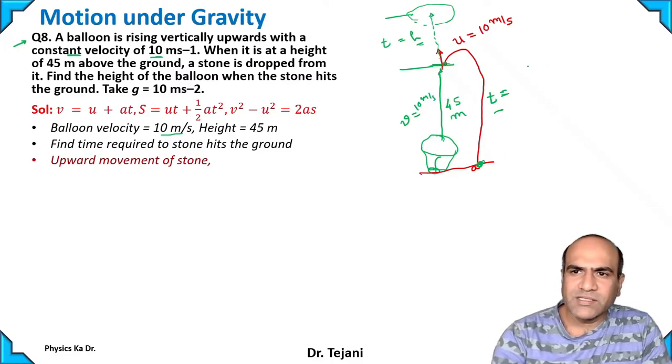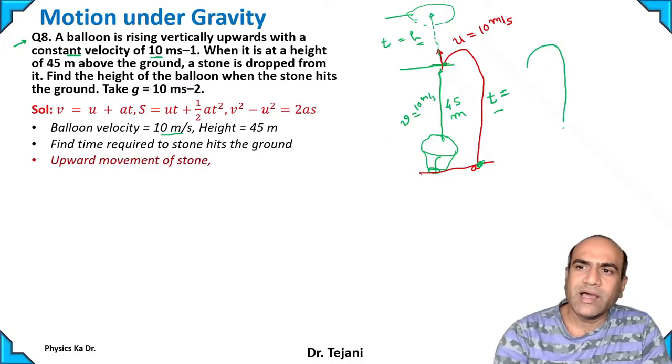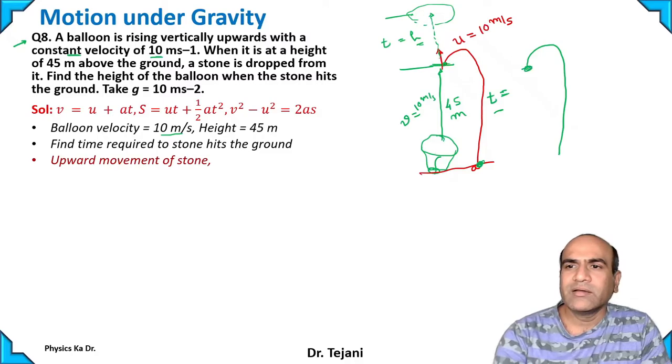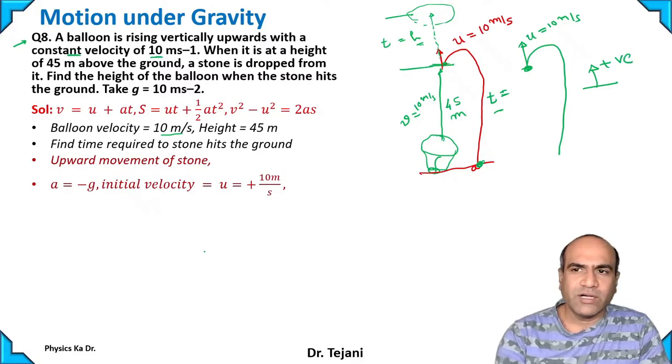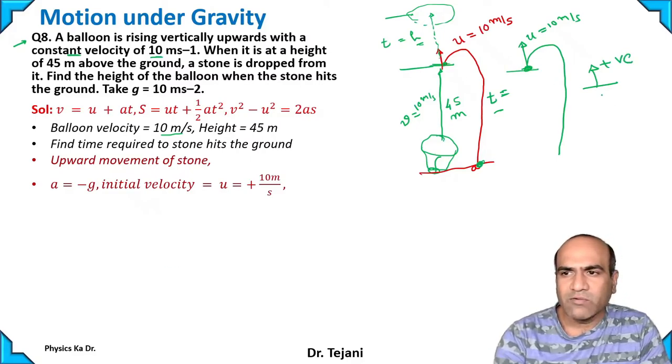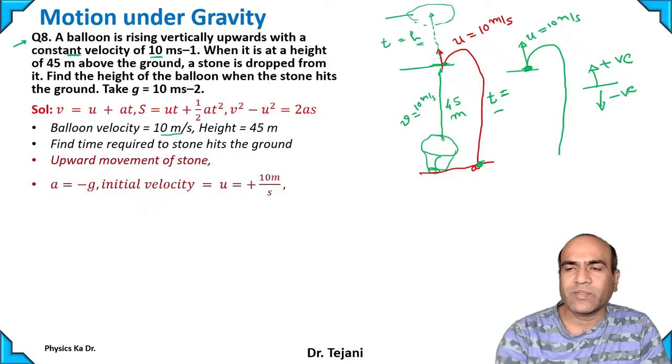Now see, when we consider this entire movement, initial velocity u is equal to 10 meter per second, and upward movement we need to consider positive, and whatever is below that in the downward side, we need to consider negative.